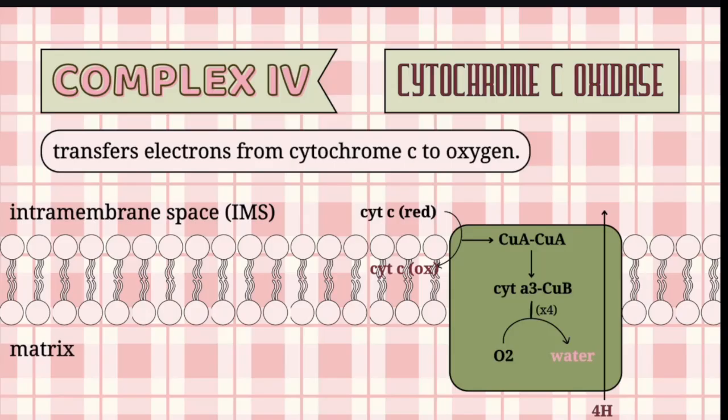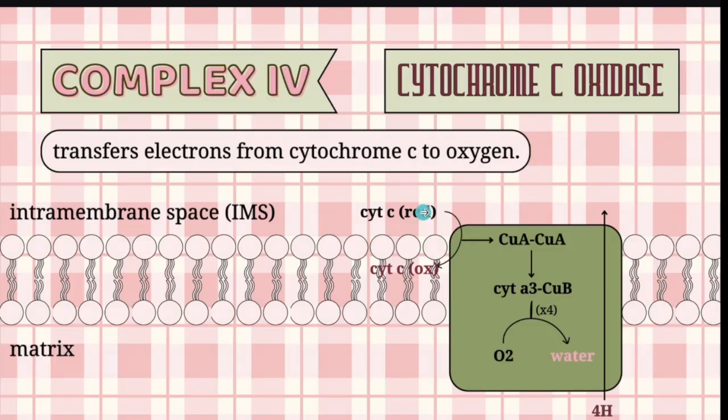Cytochrome A and cytochrome A3, and the copper B will form an iron-copper center. And then the 2 copper A atoms will form a Cu-Cu center. Okay, so you should know these centers.